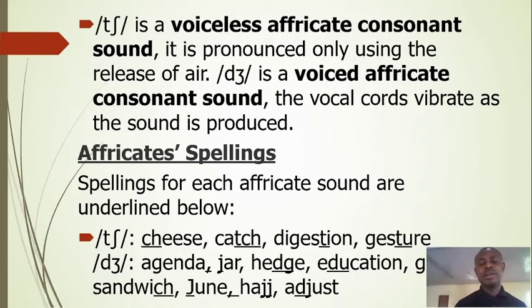Alright? June, and then we have spelling symbol DJ as in adjust, adjective. The D and the J combine together to give us the sound j. You don't have different sounds. So you don't say adjust with separate d and j. The D and the J combine together to give us j, as in adjective, adjust, adjourn, etc.